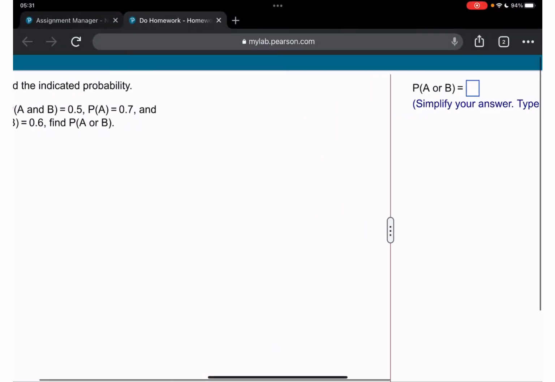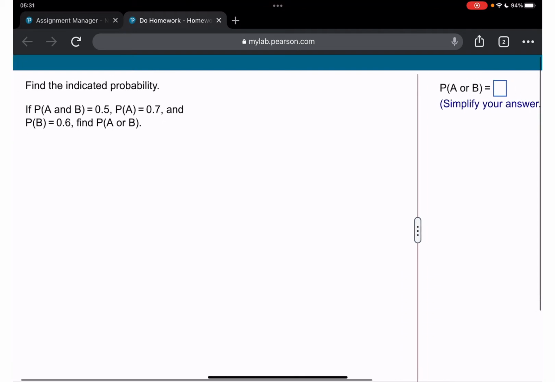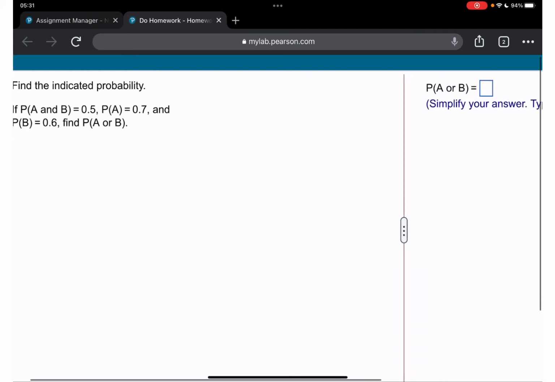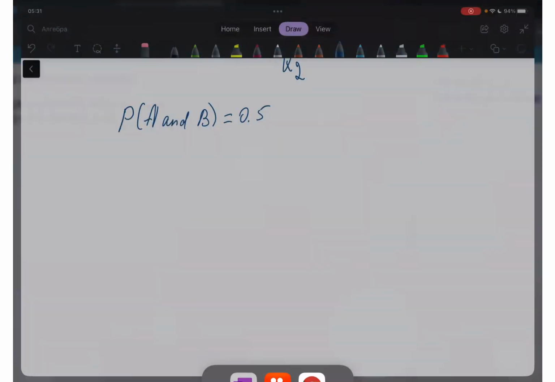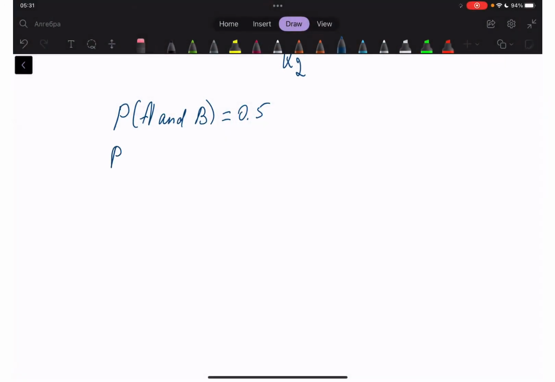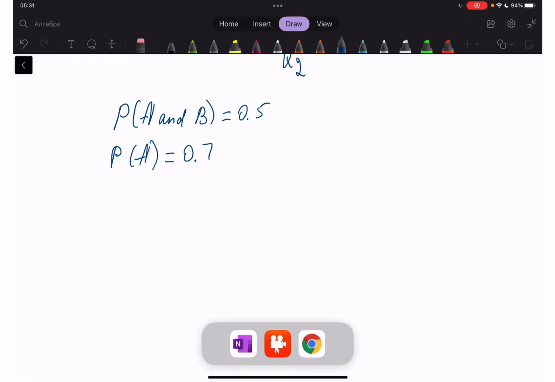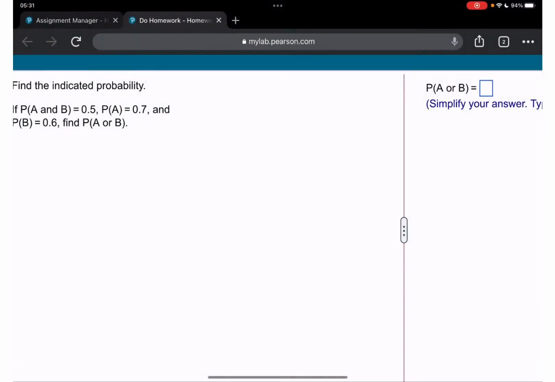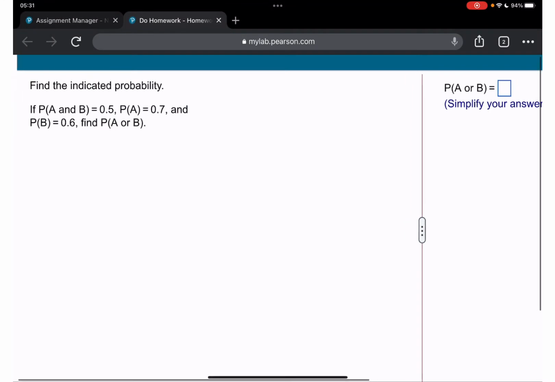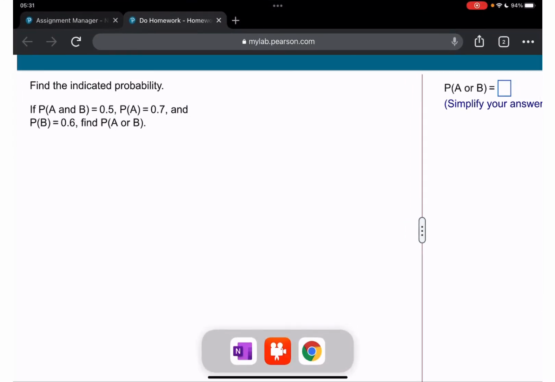What else do we have? Probability of A is 0.7, and probability of B is 0.6.